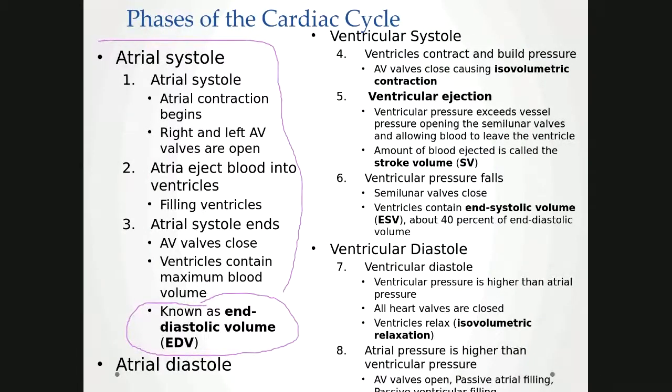The difference between those volumes, that was ejected into the aorta or ejected into the pulmonary trunk, end diastolic volume minus end systolic volume, the difference that got to leave, is known as your stroke volume.